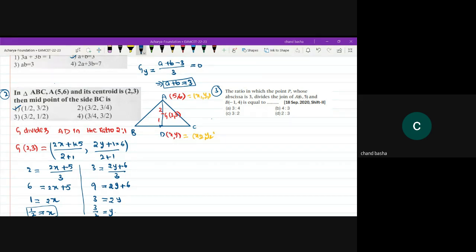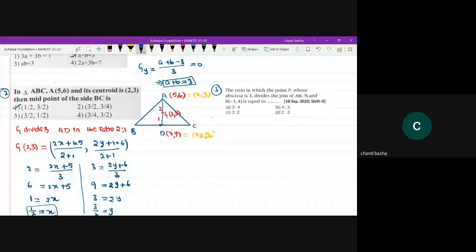One option C. Manasa, option B. No, if you are applying the section formula, it takes time. I gave you a simple concept even in the last class, when I was using the section concept.